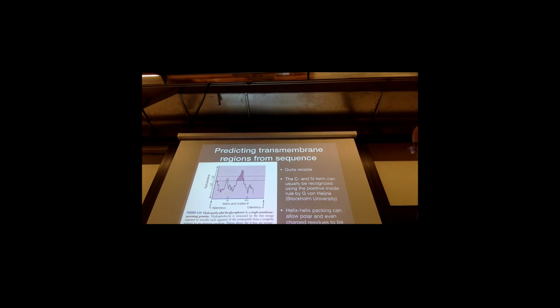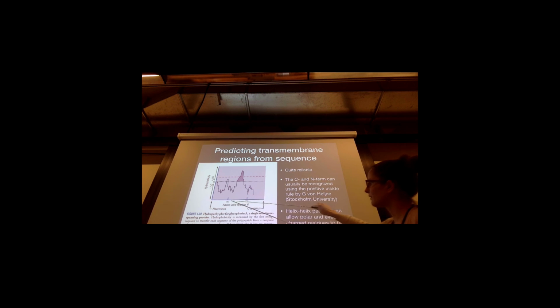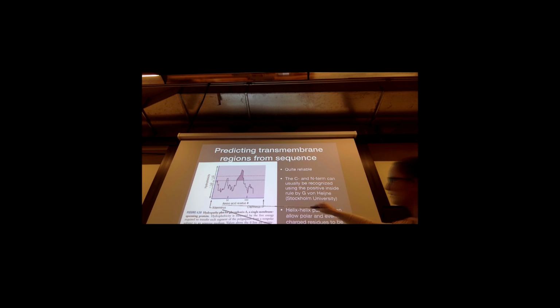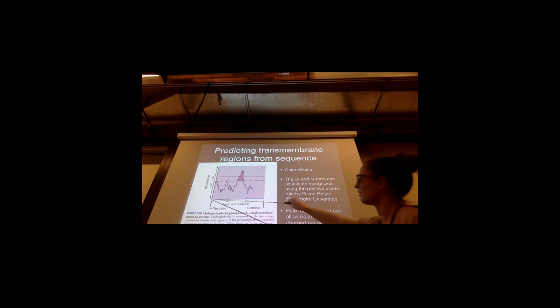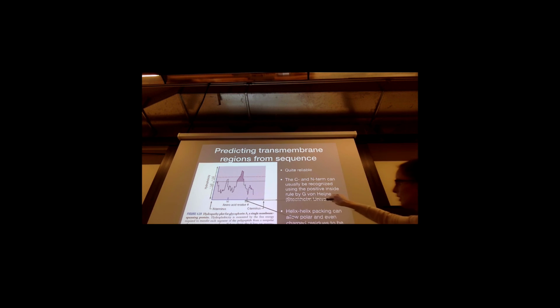This goes back to our glycophorin A. Remember, this was our protein that had an intracellular domain and then a transmembrane part and an extracellular domain. On this graph, you would have the sequence here from the N terminus to the C terminus, so all the amino acids just arranged according to their number.